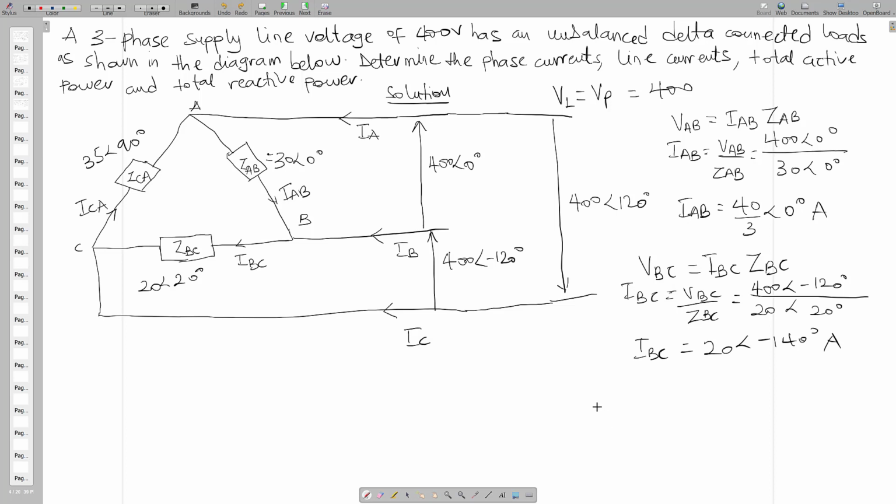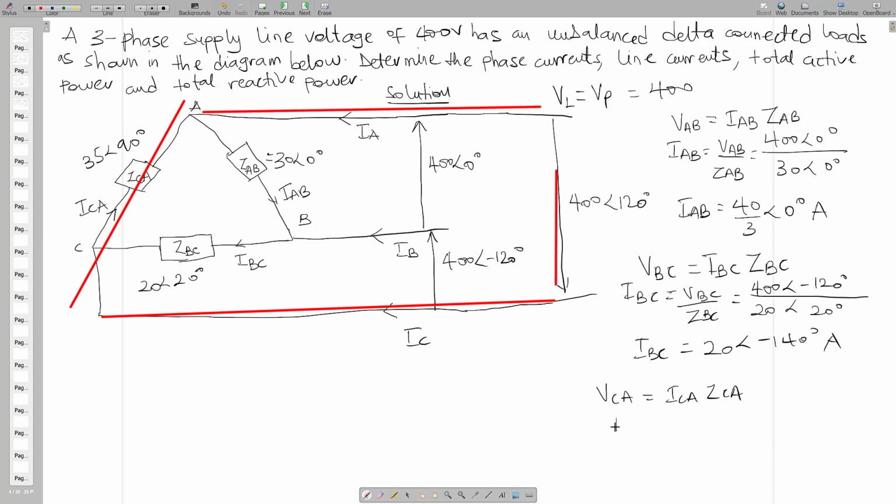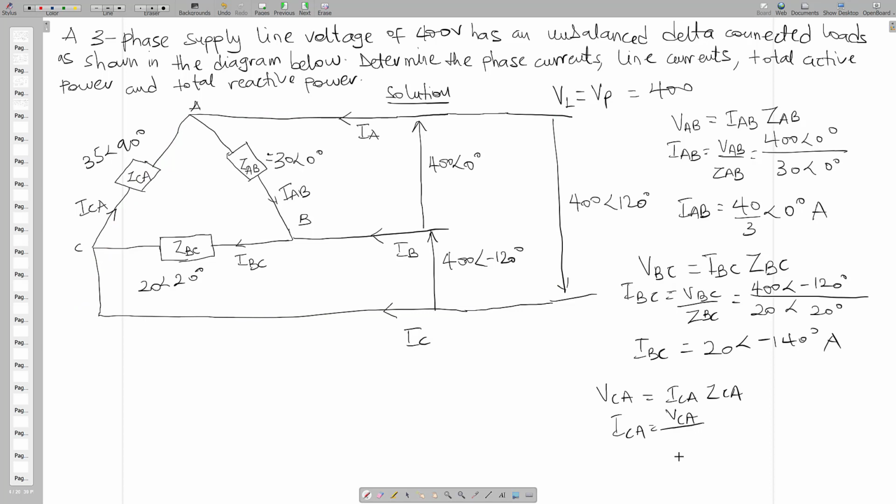So I'll say that the last phase current, that is ICA, I can say that VCA should be equal to ICA times ZCA. That is, if you pick this bigger loop using KVL, you can find ICA to be VCA out of ZCA.